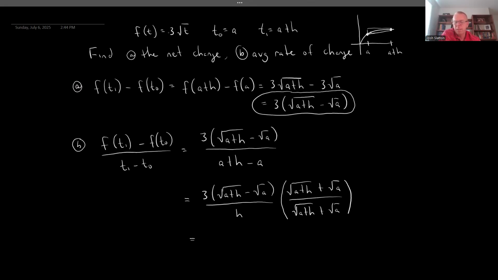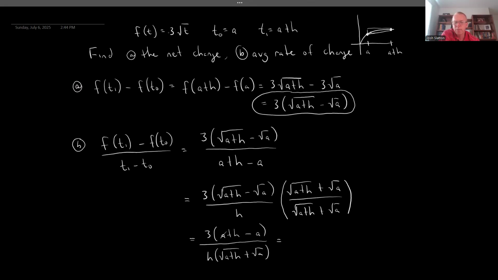So one thing you can do, we don't have to do this in precalculus necessarily, is multiply the top and bottom by this, but we're going to change that middle sign to a plus. And so now what we have is a difference of squares. Square the first term, we get a plus h. Square the second term, we get a. And then this is going to be all over h times square root of a plus h plus square root of a.